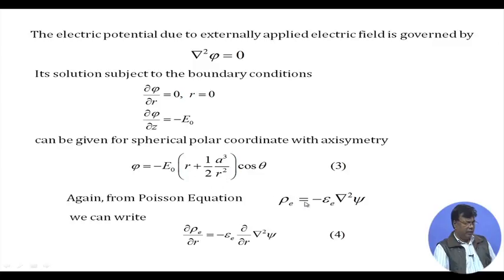Okay. Now, the Poisson equation for the double layer potential is governed by these equations.